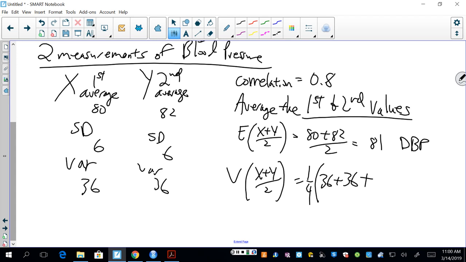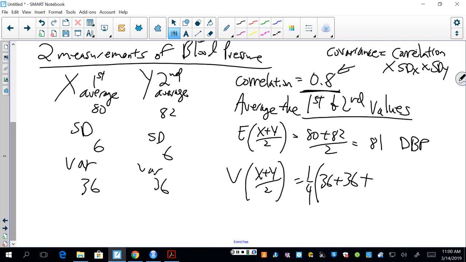If the correlation is 0.8, then the covariance is the correlation times the standard deviation of x times the standard deviation of y. The correlation is the covariance divided by the standard deviations, so you can figure out the covariance if you know the correlation and the two standard deviations.